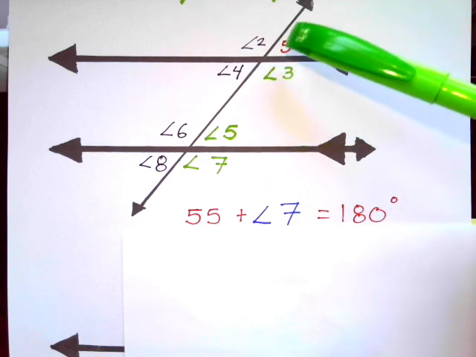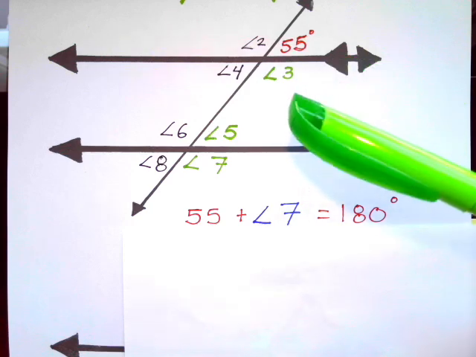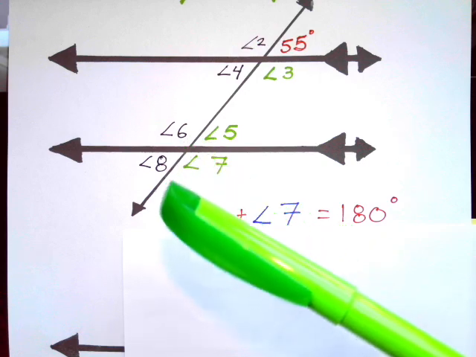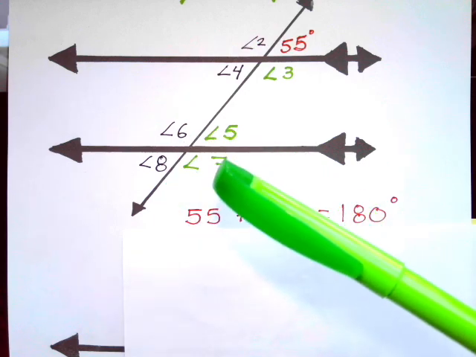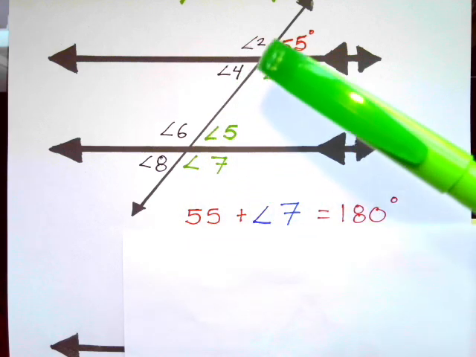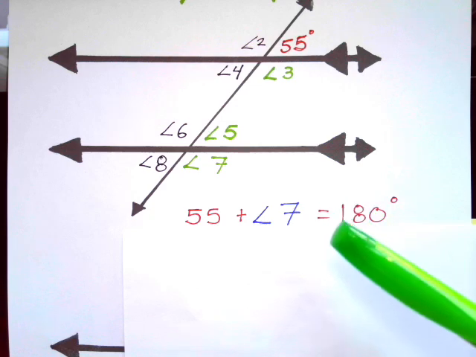Those two angles are supplementary angles. You would also know that angle 1, 55 degrees, and angle 7 are also supplementary angles. 55 plus angle 7 adds up to 180 degrees.